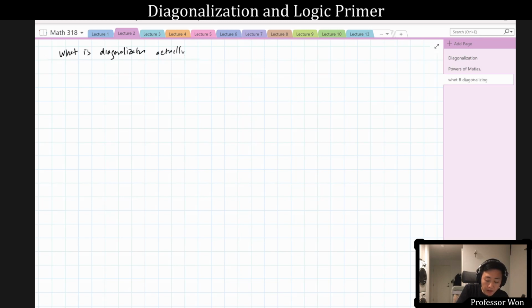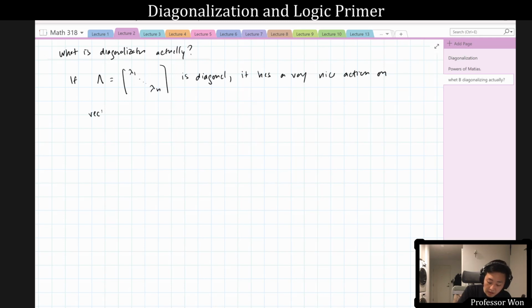Okay. And the first thing that I want to observe is that a diagonal matrix has a very easy to understand action on vectors. So if lambda is a diagonal matrix, it has a very nice action on vectors. Right?